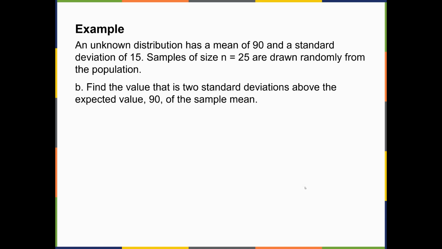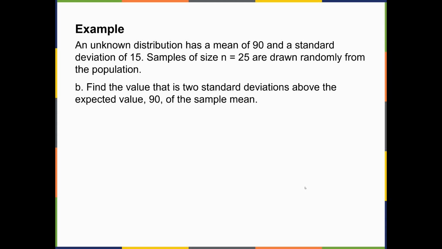All right, let's do another example. Okay, so we have the same situation, same example. On the same distribution, mean of 90, standard deviation of 15, samples of size 25 are drawn randomly from the population. We want to find the value that is 2 standard deviations above the expected value of 90, the sample mean.